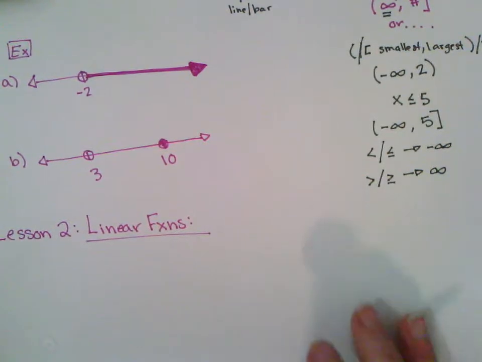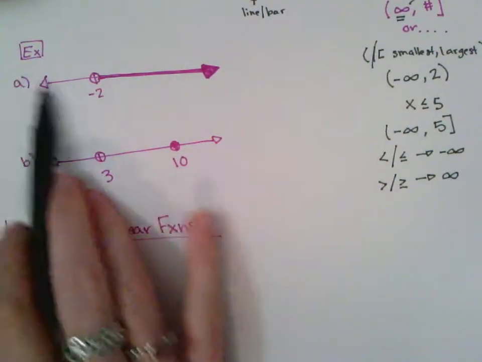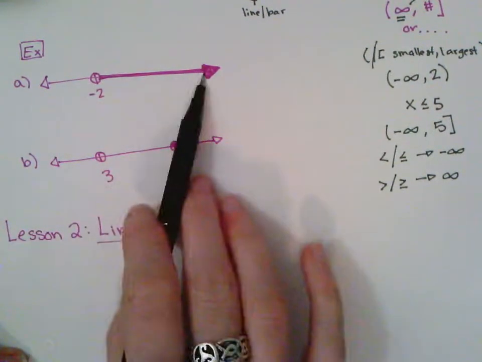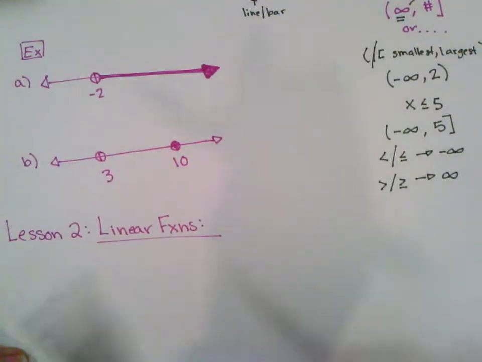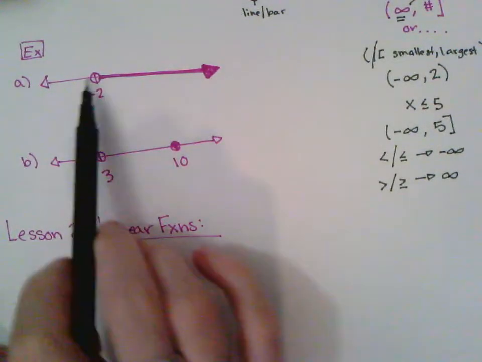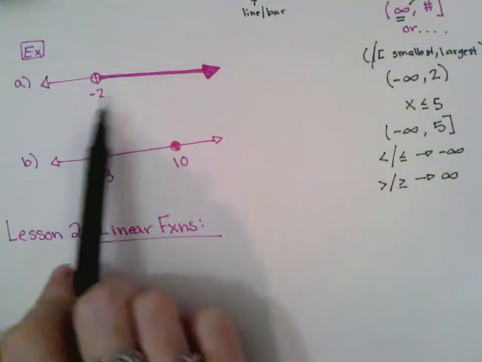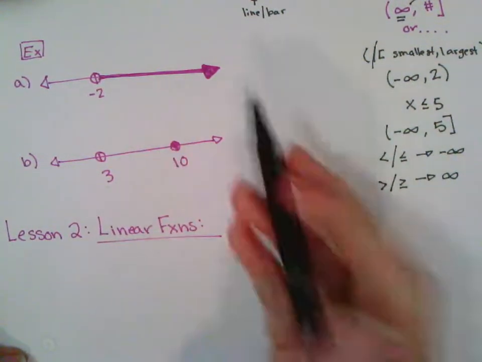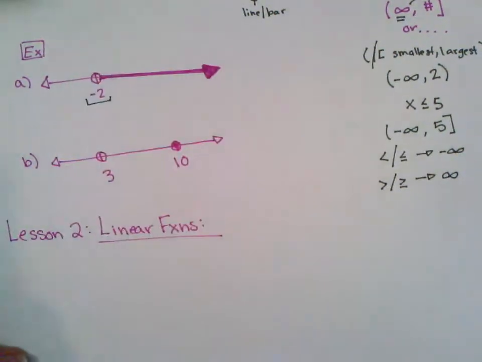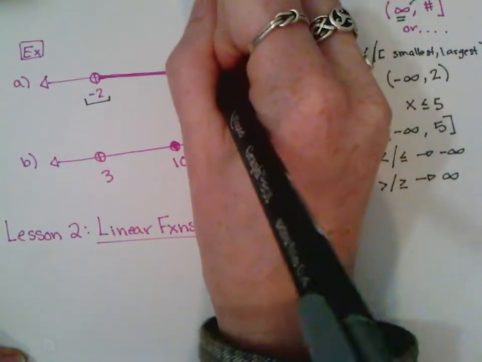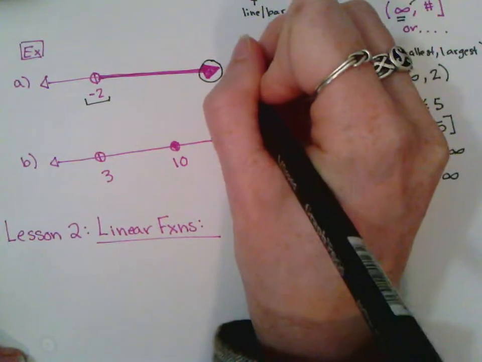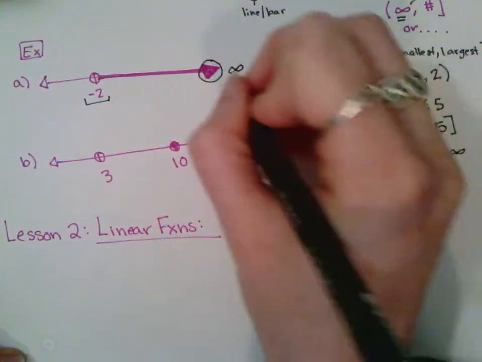So we have two examples over here. Example A says, hey, we're starting at negative 2 and it's going on forever. I find interval notation a bit easier to do if I can think about that number line. So if you can't think about that in your head, always feel free to write that out here. So we're saying, okay, my smallest number is negative 2 and it goes all the way up and I see an arrow. Remember, arrows are saying, hey, it goes to infinity. It's on the right side.